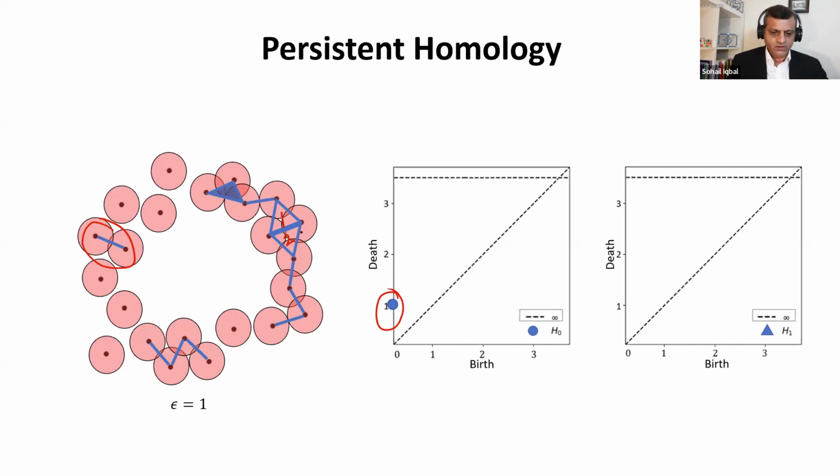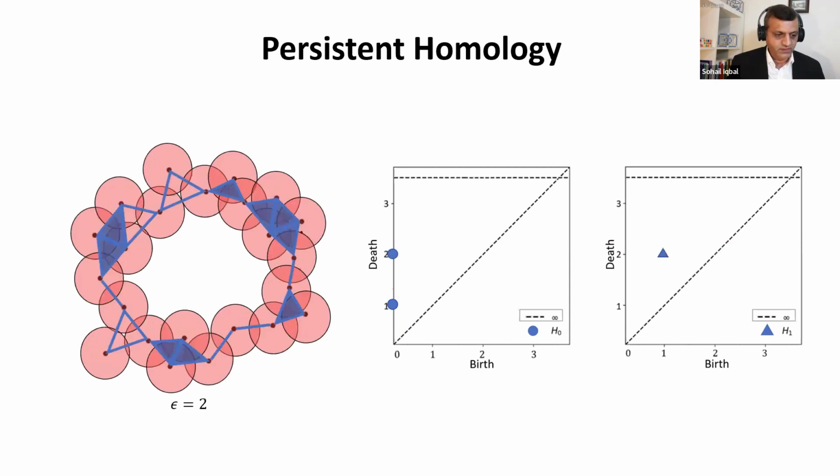So there is some birth on the H1 axis, but there is no death reported, so we cannot write it down on the H1 diagram. If you move on, then you can see that there are some deaths. These 2 components which appeared at epsilon equal to 1, the filtration parameter value, now at filtration parameter value epsilon equal to 2, those 2 die, and so we report that death with the help of this point.